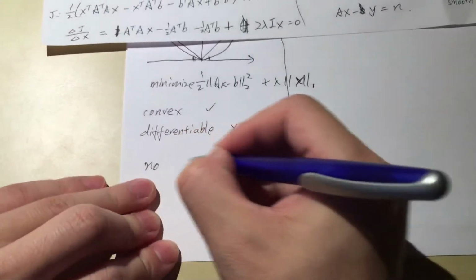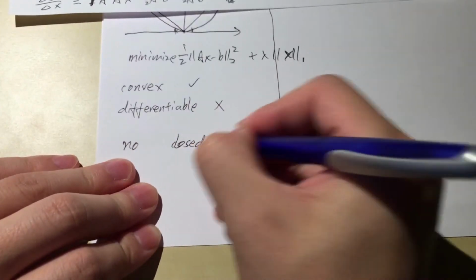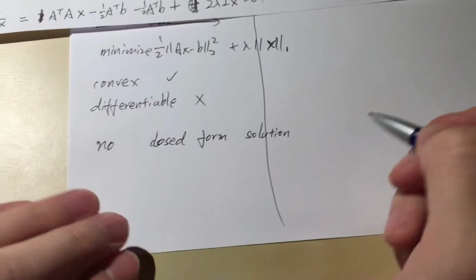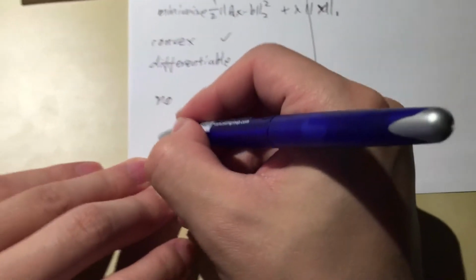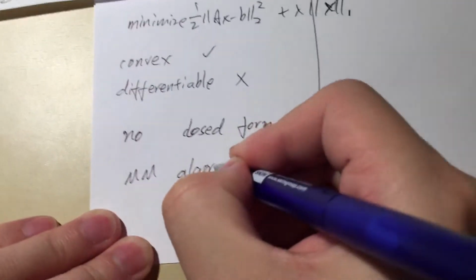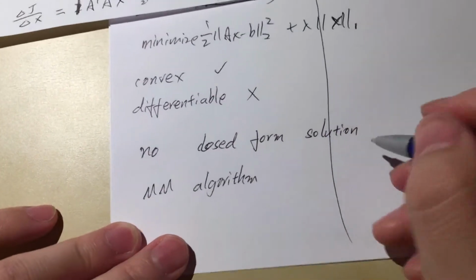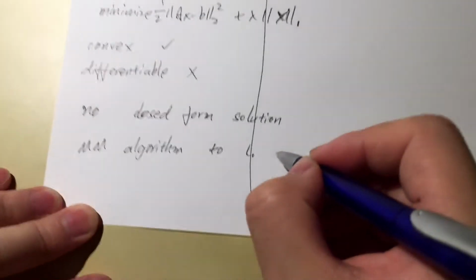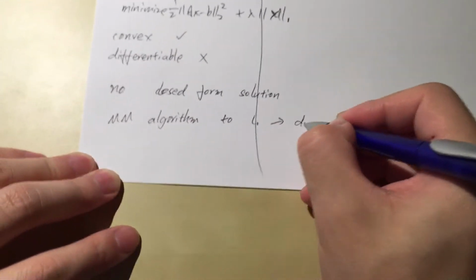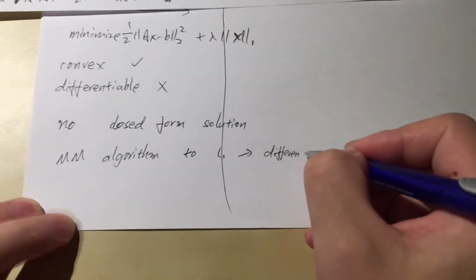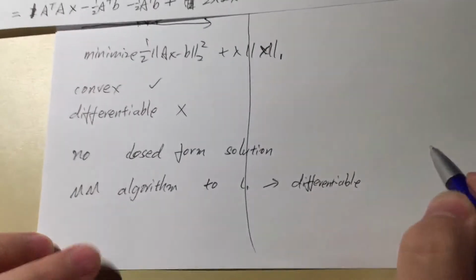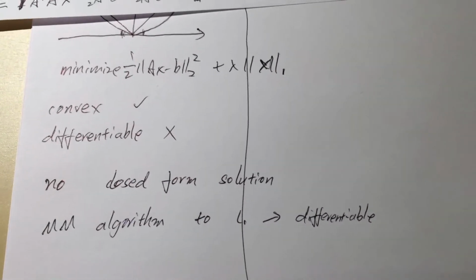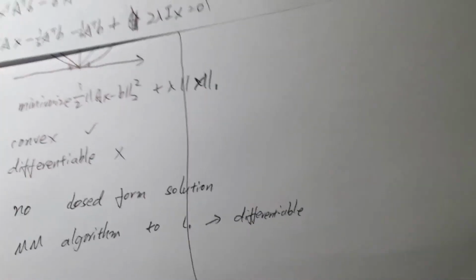There's no closed form solution. We can use the MM algorithm to make the L1 norm term differentiable. There are also a lot of other algorithms that can be used to solve this problem, but I think for now, that's it. Thank you.